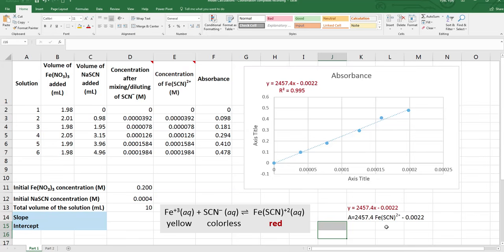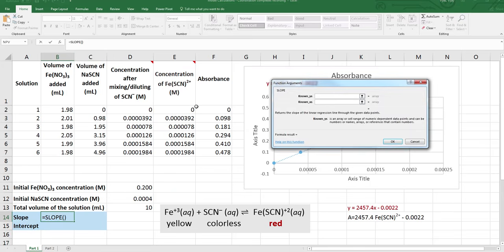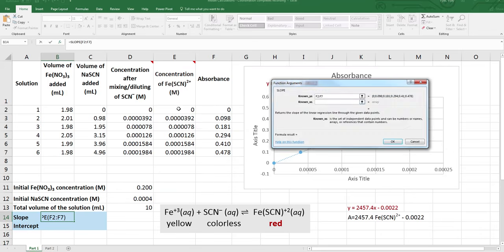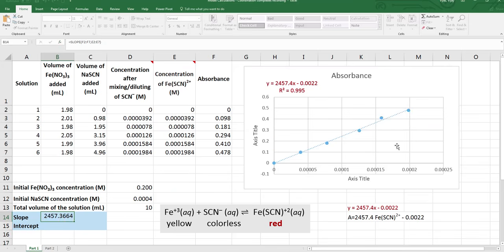Right. This slope and intercept is something that you can get from using the slope function too. So if you type equals slope, double click this, and then you go to this insert function that asks you known y's, which is your absorbance, and x values, which is the iron thiocyanate concentration, and you hit OK.